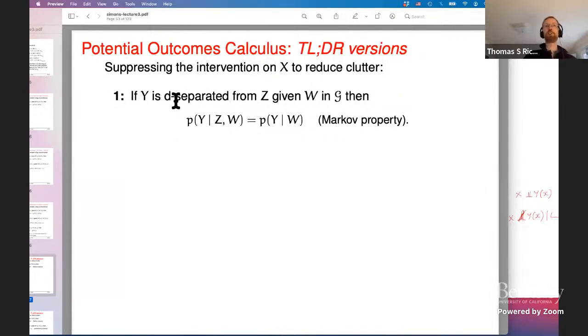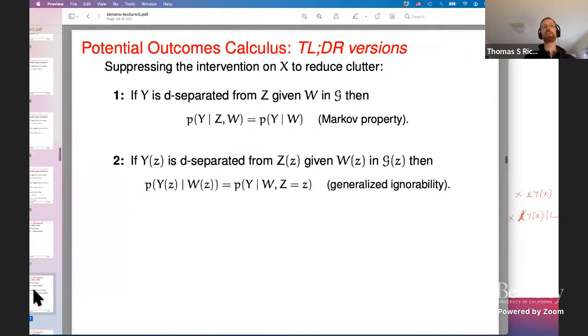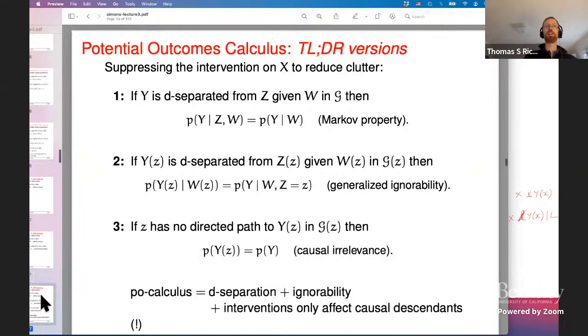So rule 1 just corresponds to d-separation. Rule 2 corresponds to d-separation of y of z from z of z, the natural value of z, given w of z in the graph where I intervene on z. So this is just generalized ignorability. And then the last one is simply causal relevance.